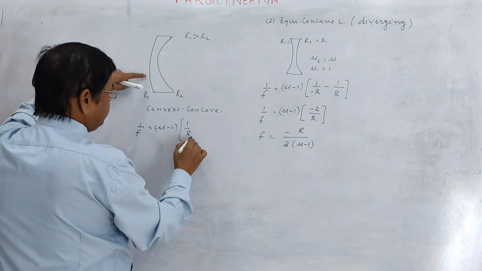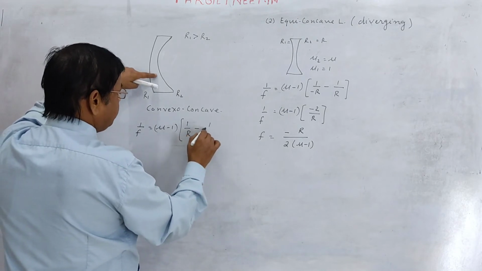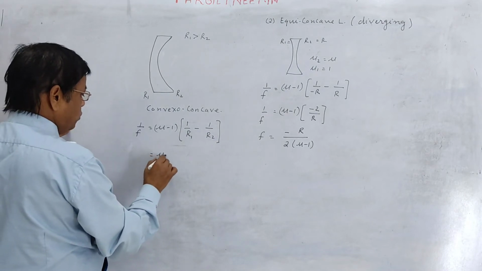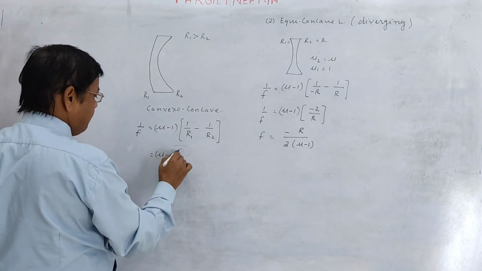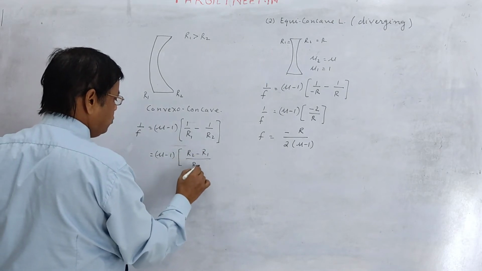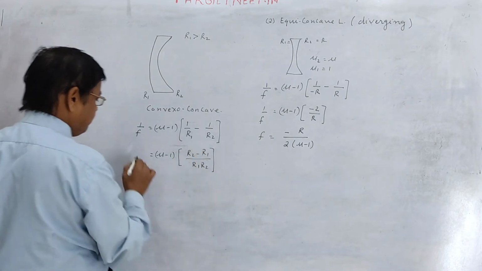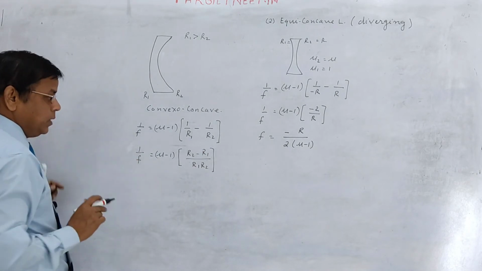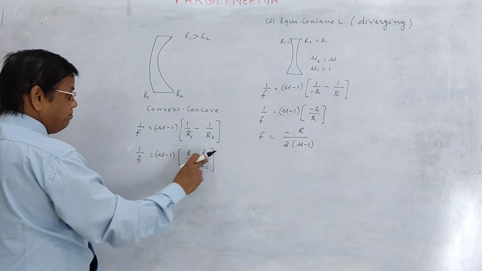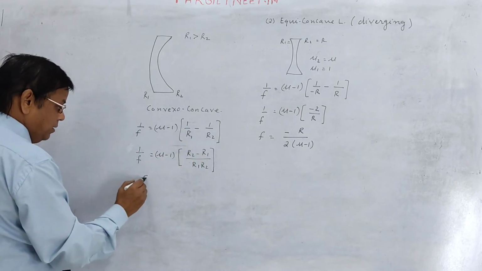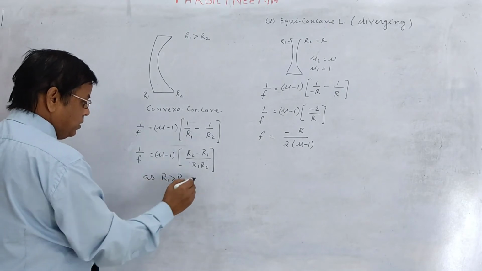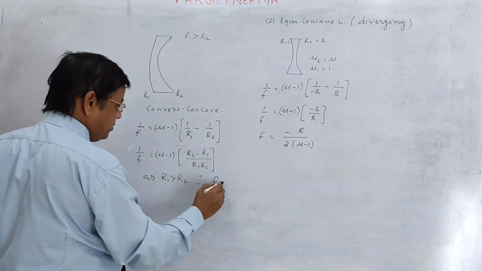R1 will be positive, R2 will also be positive. So it is mu minus 1 into R2 minus R1 upon R1 R2. Here R1 is greater than R2, so this will be negative. So as R1 is greater than R2, therefore f is negative.